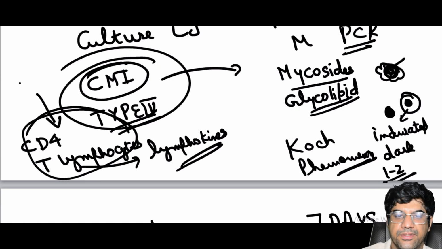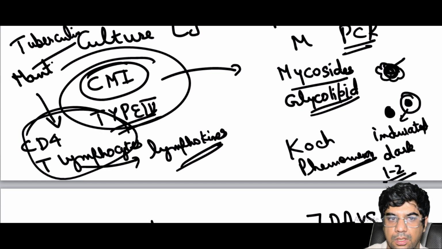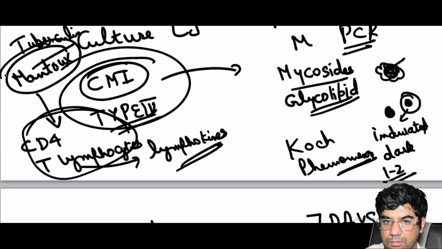So what is the skin test that we can do in tuberculosis? That is the tuberculin test, also known as the Mantoux test. Here we inject a small amount of tuberculoprotein into the skin.